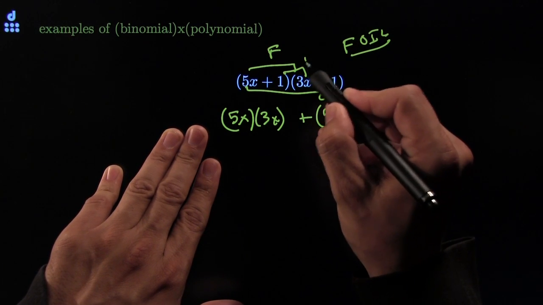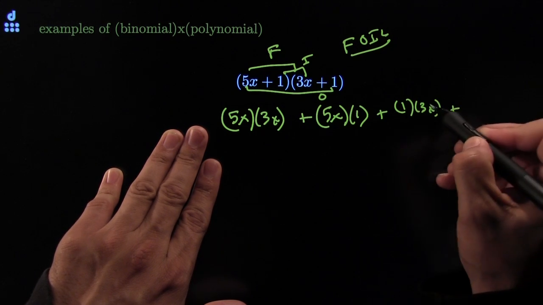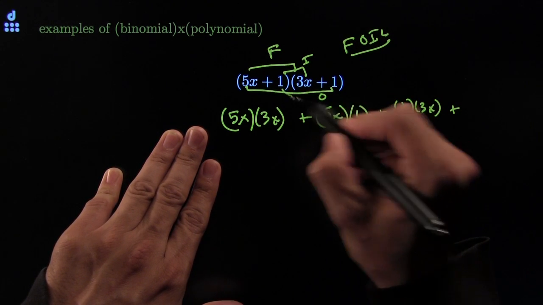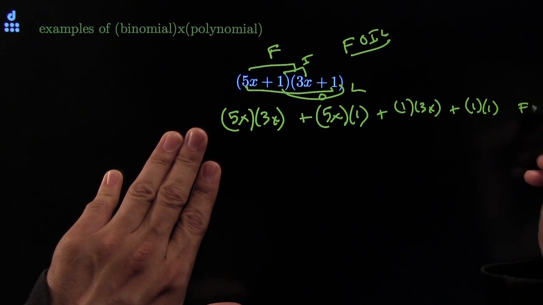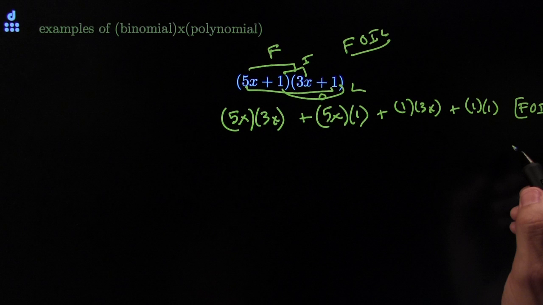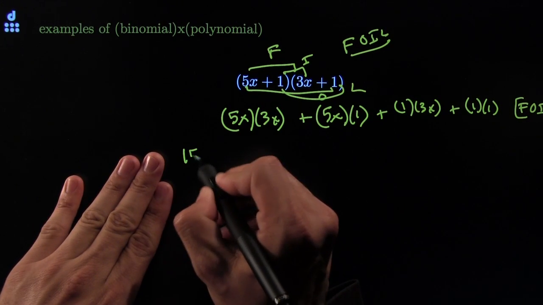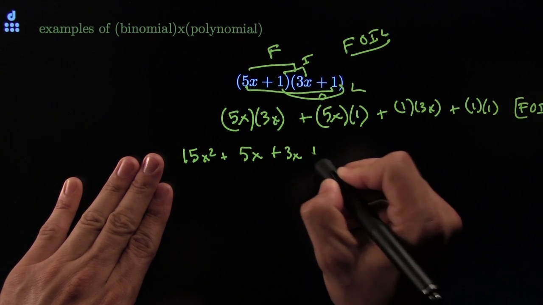The inner, that's the inner, 1 times 3x. And the last, 1 times 1, and I would say this is by FOIL. We just proved it a couple of minutes ago. And then that would give you, of course, 15x squared plus 5x plus 3x plus 1.